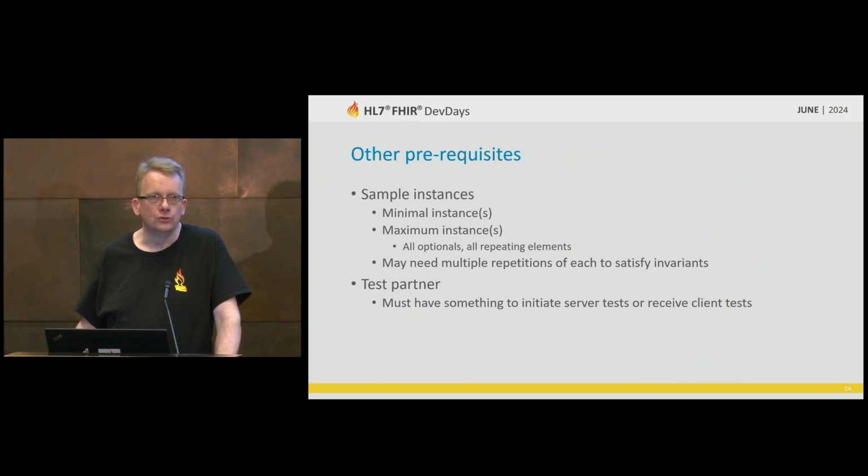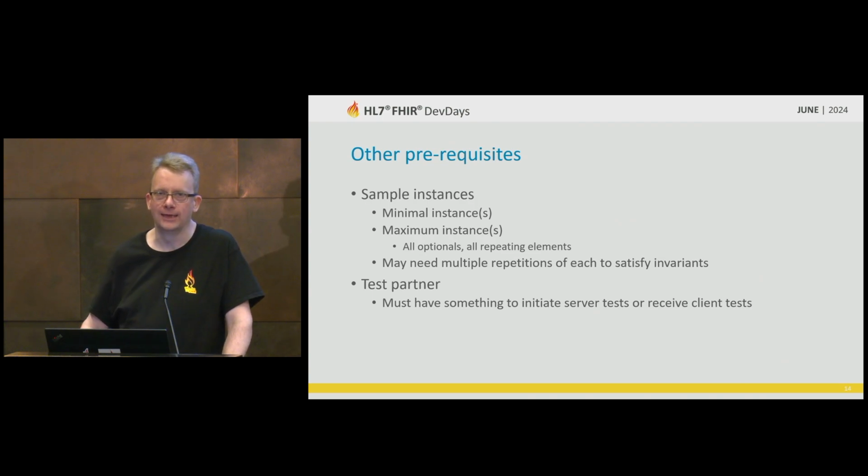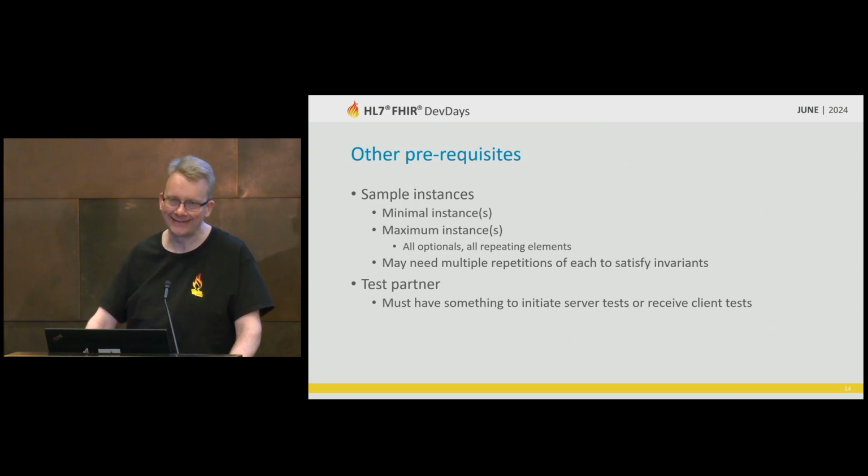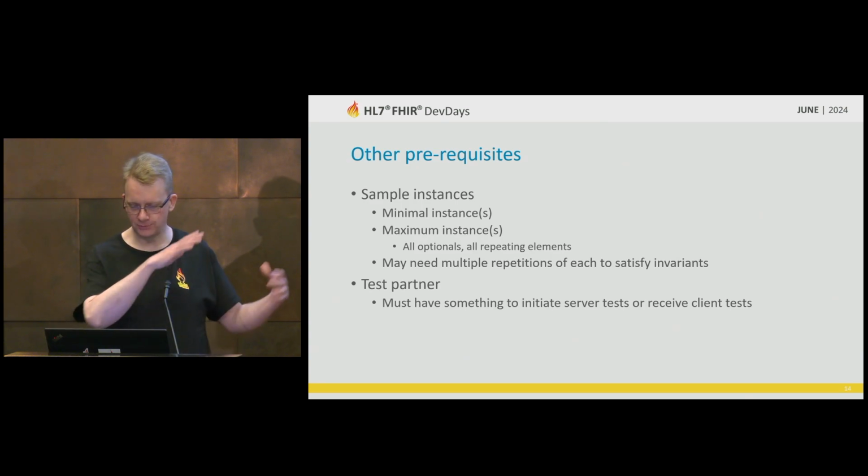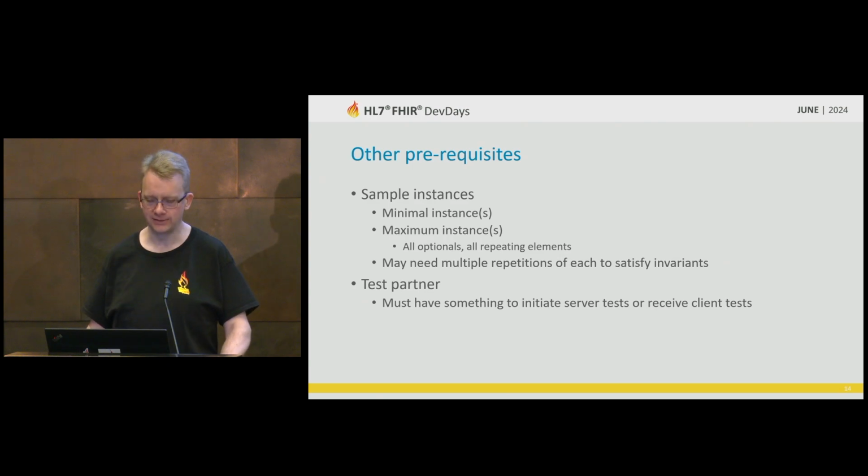Obviously, in order to do testing, we need data. And I could theoretically generate data on the fly, but that's a whole different project. If you want to connect this particular framework to a test data generation process that is profile aware, and I'm not sure that there's a whole lot of those out there, particularly ones that can manage invariance and co-occurrence constraints and stuff like that, then you can.